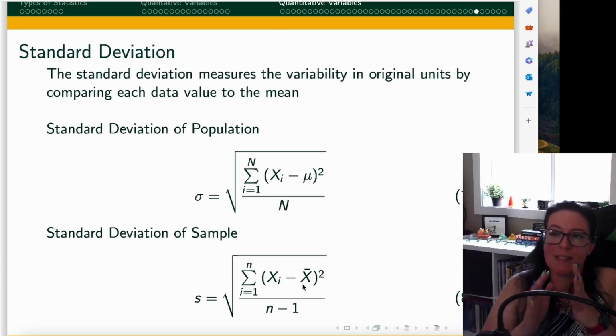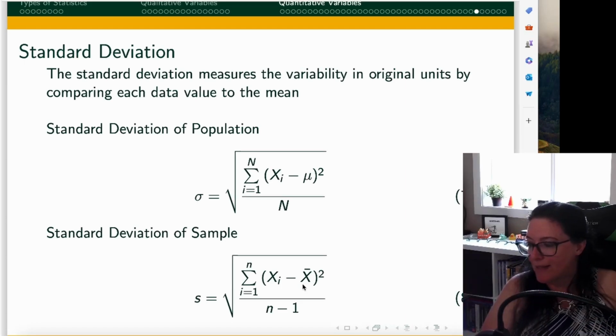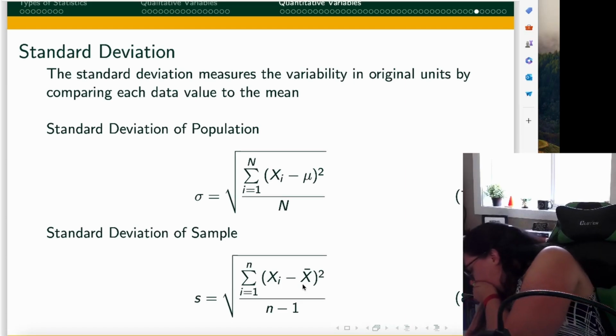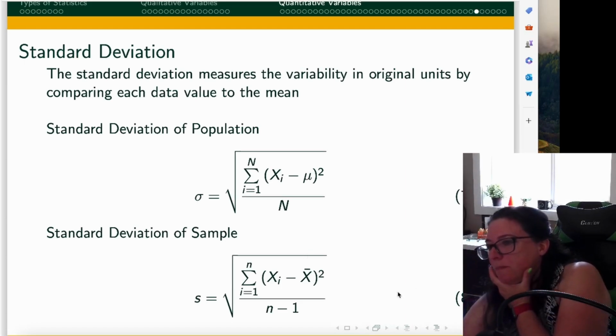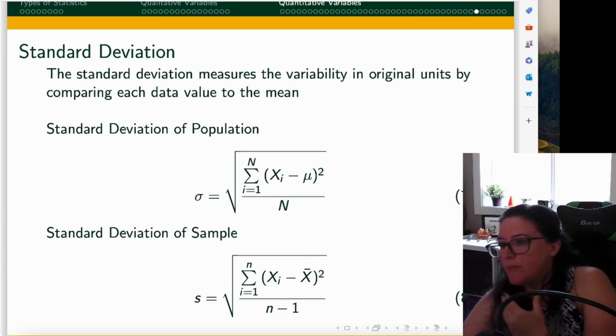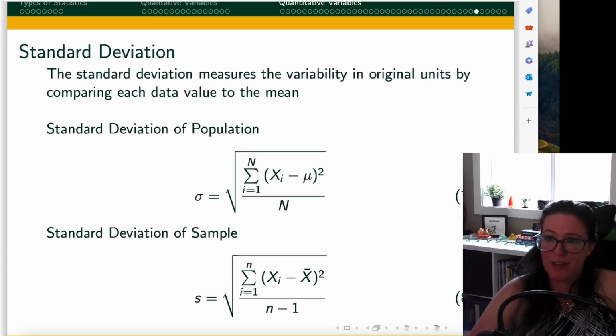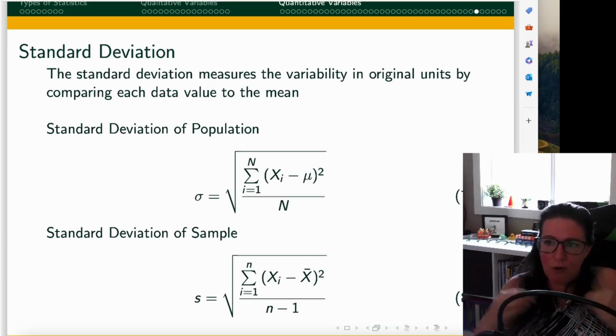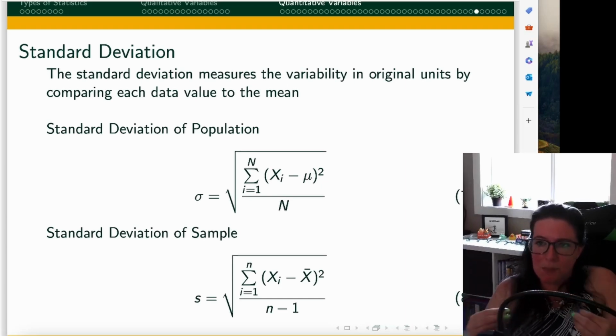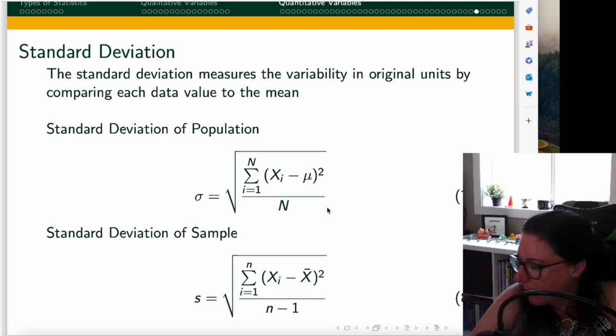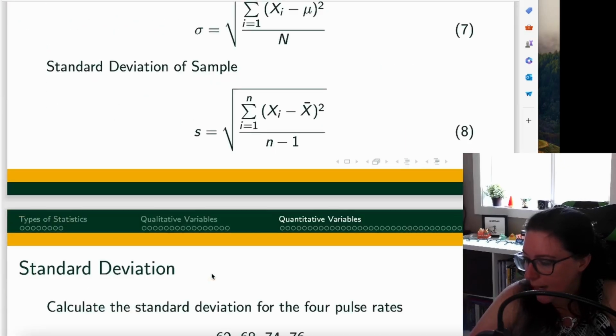We take those distances and square them, then add them up and divide by n minus 1 to get the standard deviation. What this tells you is how far the data points are typically from the mean. You could find it for the population, and you could find it for the sample.